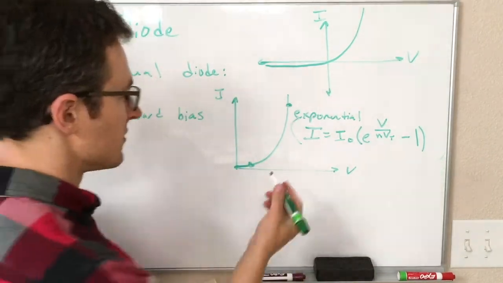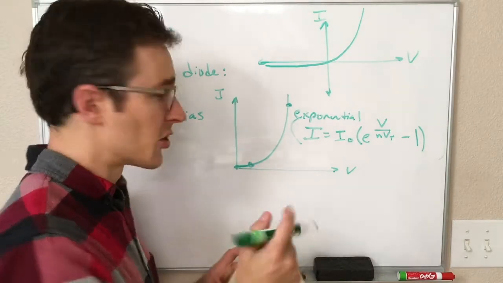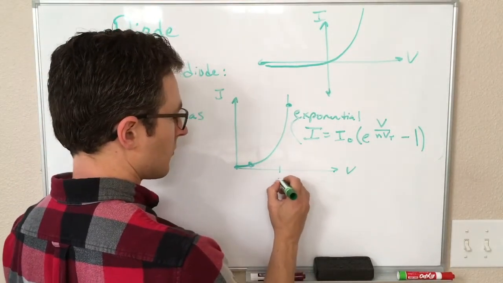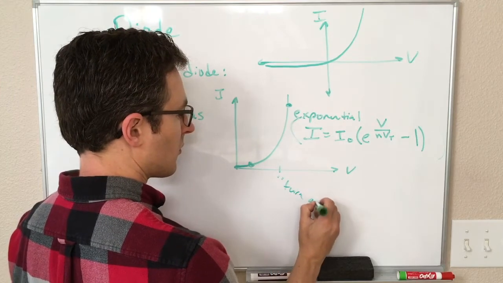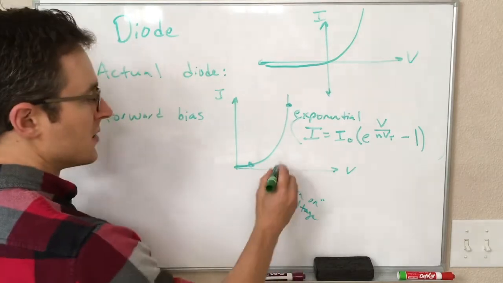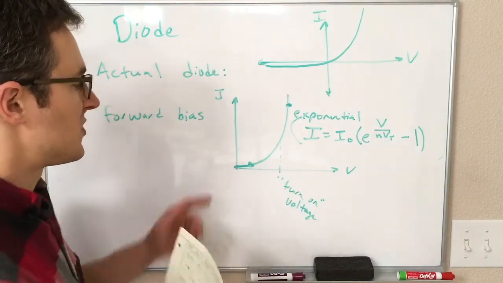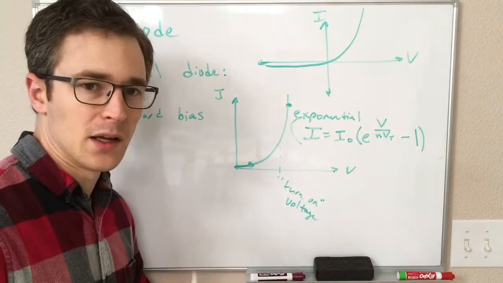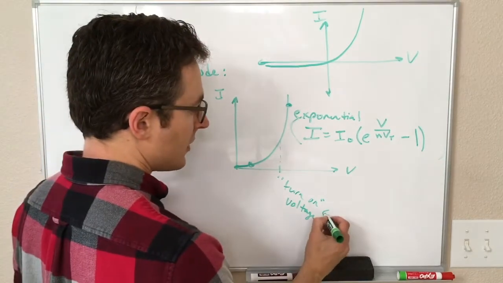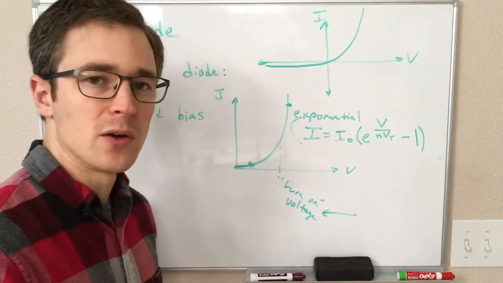So this voltage is called the turn-on voltage, or the forward bias voltage. This is where the diode starts to conduct a significant amount of current. This value depends on what the diode is made of.